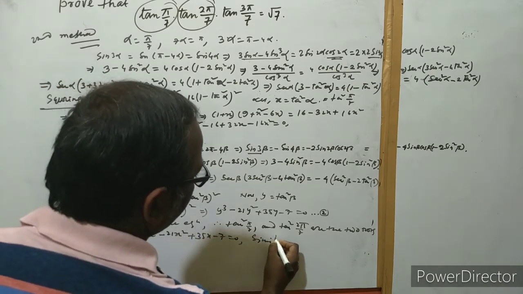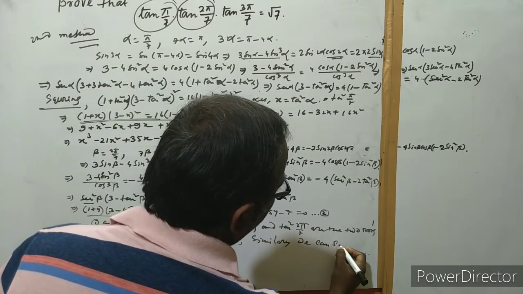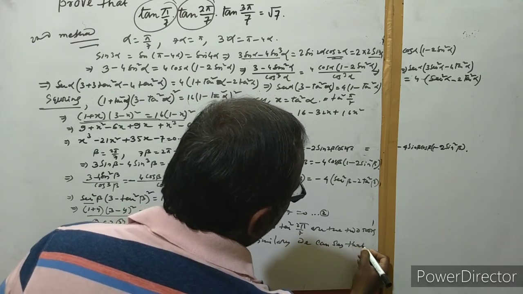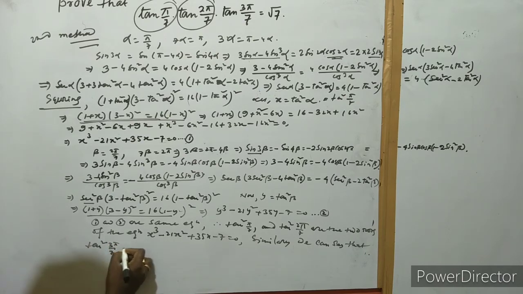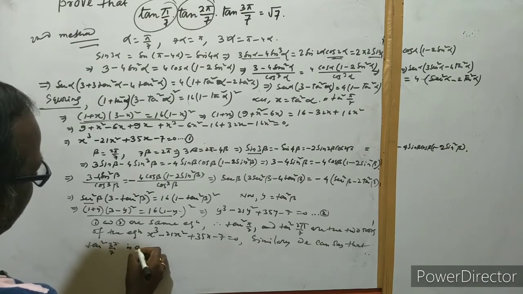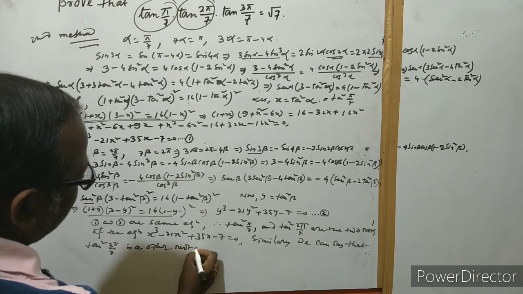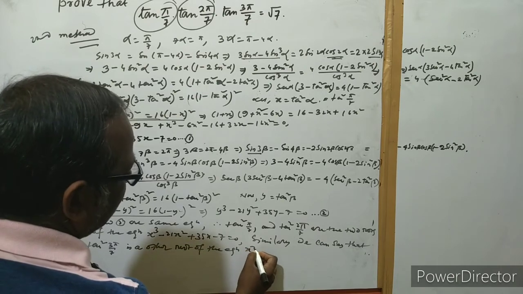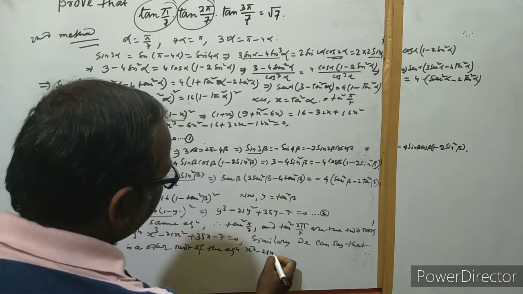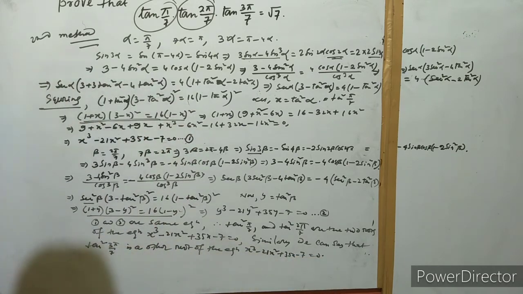Similarly, we can say that tan square 3 pi by 7 is the other root of the equation x cube minus 21x square plus 35x minus 7 equal to 0.